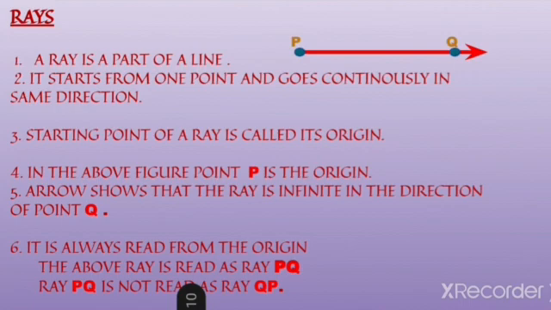The arrow shows that the ray is infinite in the direction of point Q. Yes, you can see in the above figure that point P has a dot, whereas the direction of the arrow tells us that we can extend the ray PQ towards the direction of the arrow.